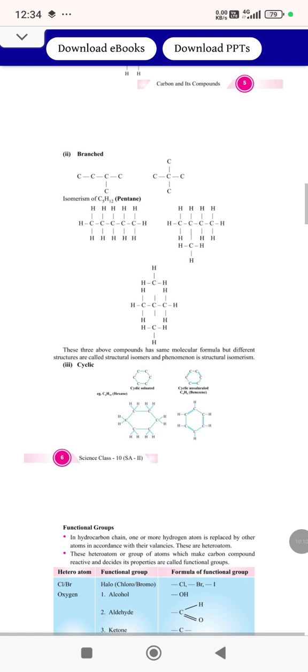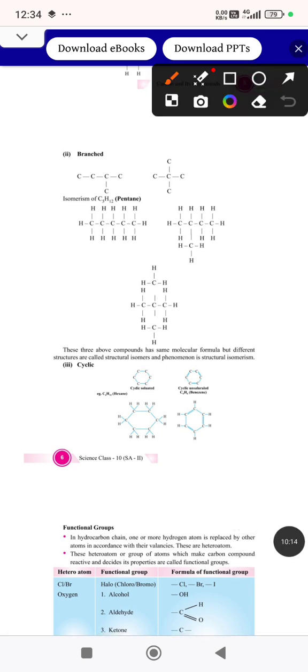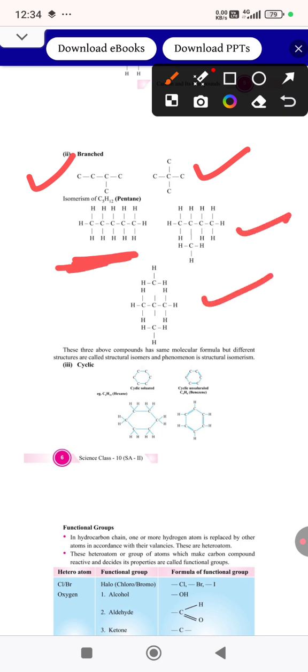For branched structure, we can arrange C5 as like this or this. Both are possible. For isomerism of C5H12, we can write the structural formula as like this or this. This is the straight chain structure, this is the branch chain structure.